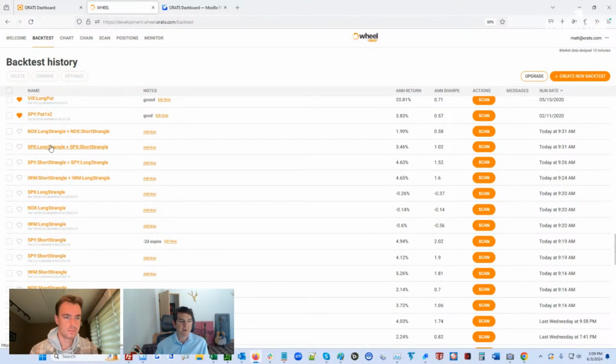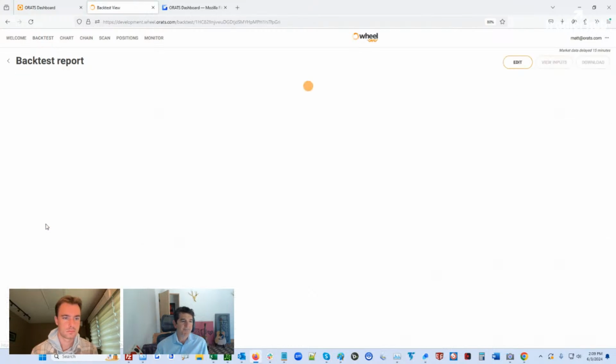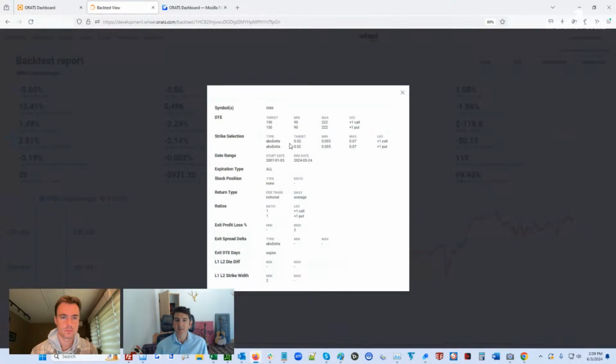You can see some of those results are still pretty good. Not as good for the NDX, but SPX and SPY still look pretty good. The way you do it is you test a particular long strangle. Let's just look at IWM and see the inputs. The inputs are long-term: 150 days is our target, and we'll take anything between 90 and 222.